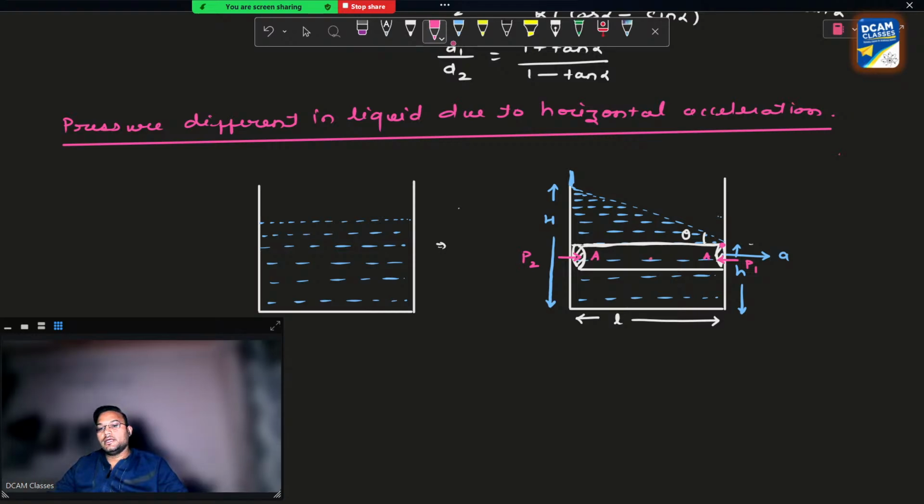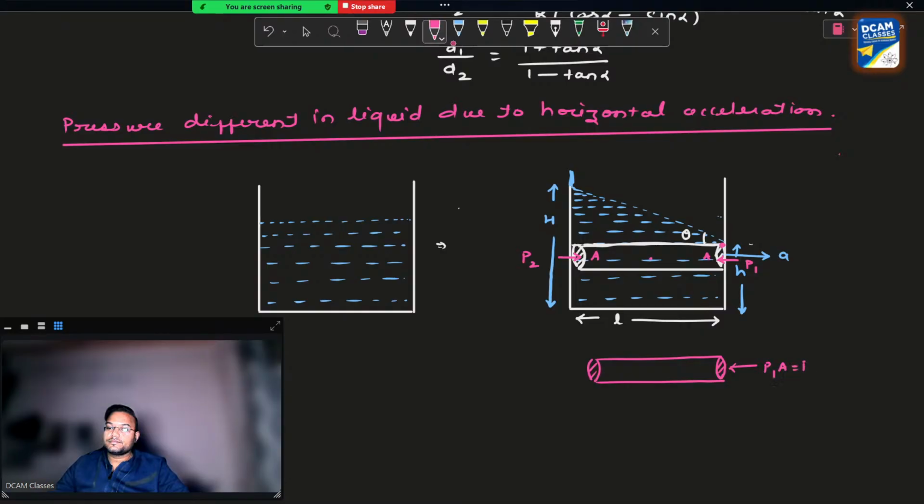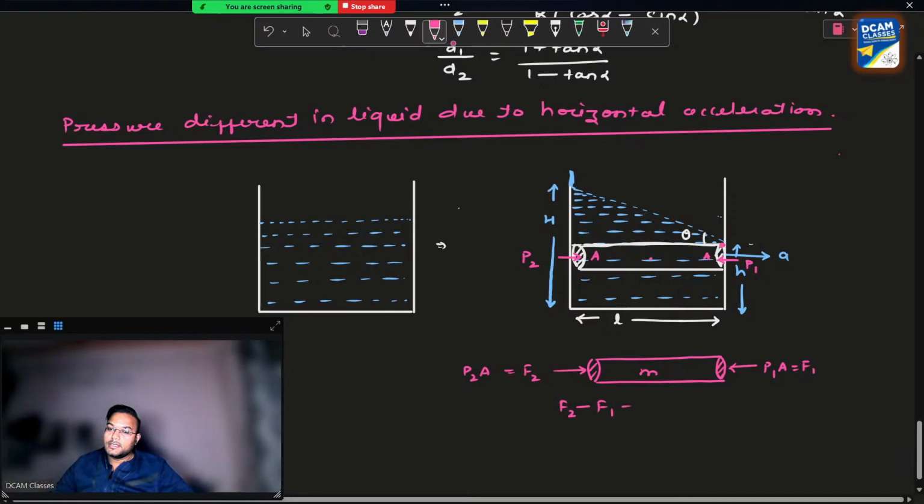Now, since this is accelerating, can I make an equation? If I take this whole part, there will be a force on the right side towards the left, which is P1 into A. The force on the left side towards the right is F2, which is P2 into A. By Newton's law, if I take this mass as m, I can write F2 minus F1 is equal to ma.